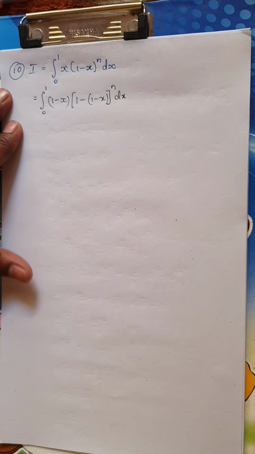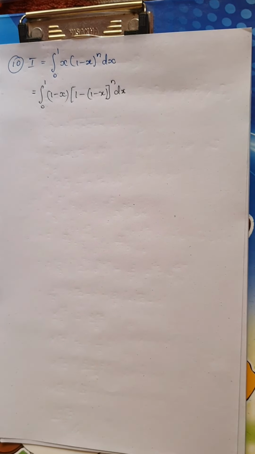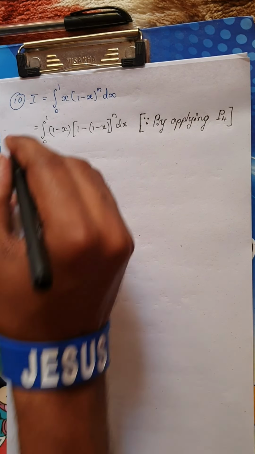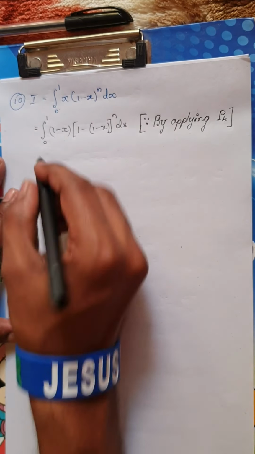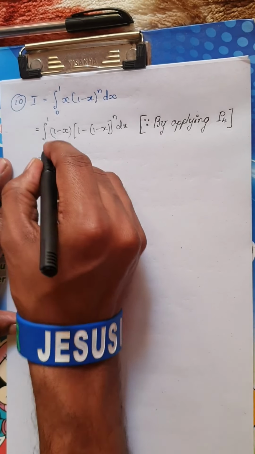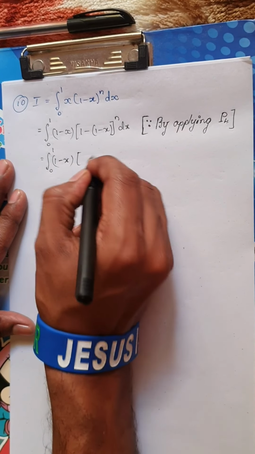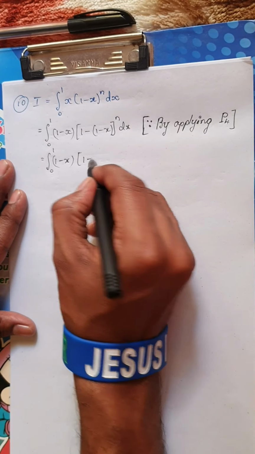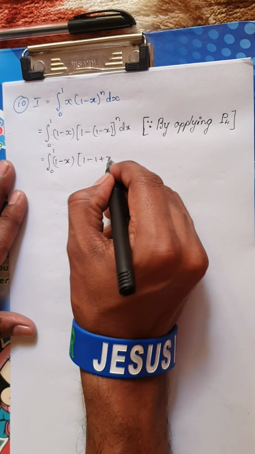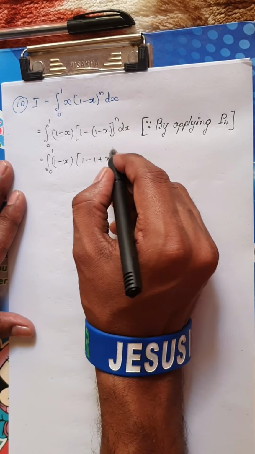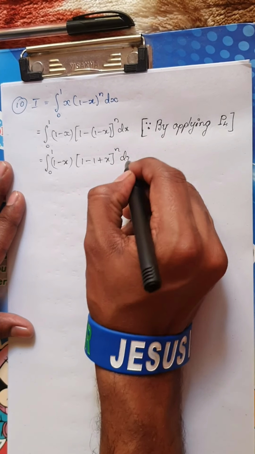The reason is by applying P4. So when you apply P4, see what happens next. It is 0 to 1, (1 minus x) is as it is. Now remove the bracket: 1 minus (1 minus x), minus of minus becomes plus, x whole power n dx.